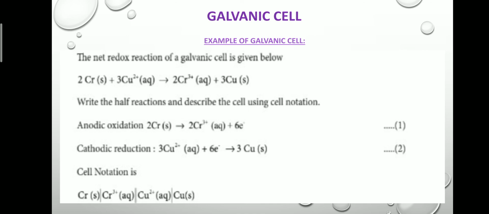So the cell notation here is Cr solid slash Cr3+ aqueous, double slash, Cu2+ aqueous slash Cu solid. This is another example of a galvanic cell.